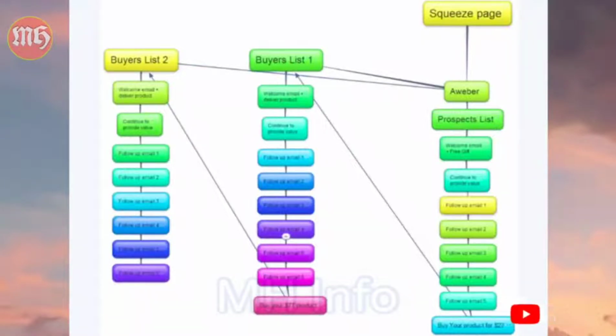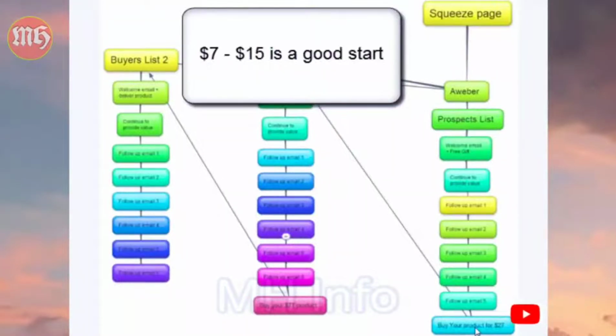Now, the first tip is when you sell your first product, the price point should be between $7 and $15. Now this is very, very important.